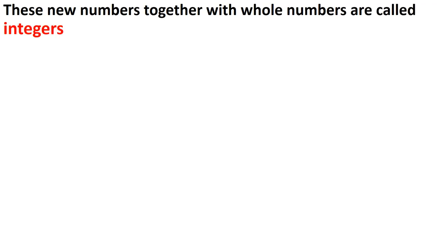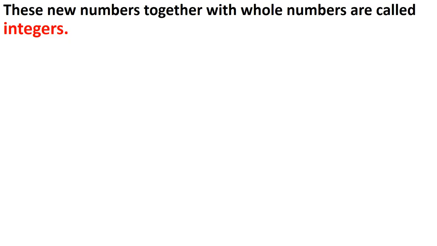These new numbers together with whole numbers are called integers. What are those new numbers? They are minus 3, minus 4, minus 5, minus 6. These are new numbers, and whole numbers you know, that is 0, 1, 2, 3.